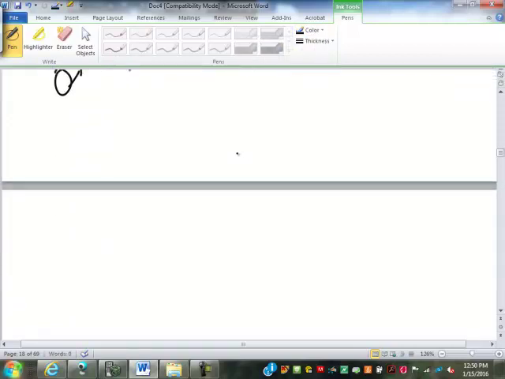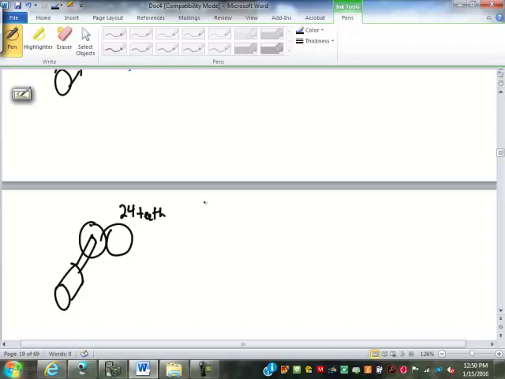Again, I'm going to leave just a little space. So now for this one, let's say that I tell you that this one has 24 teeth, and we need to accomplish a 6:11 gear ratio.